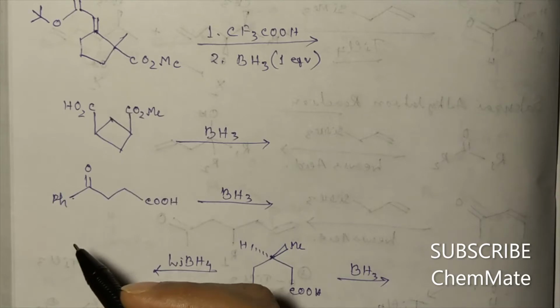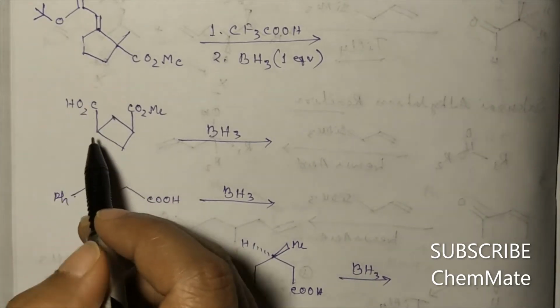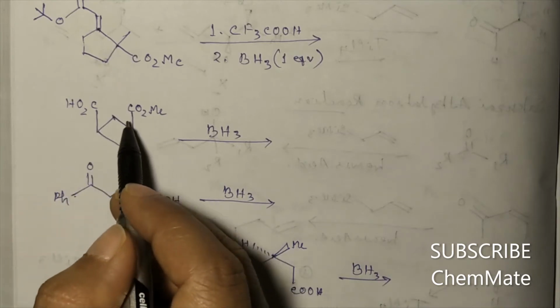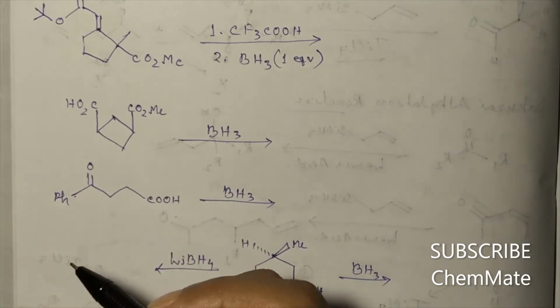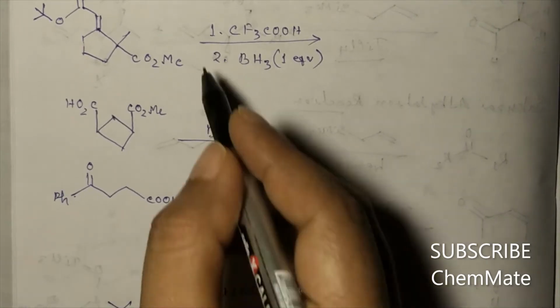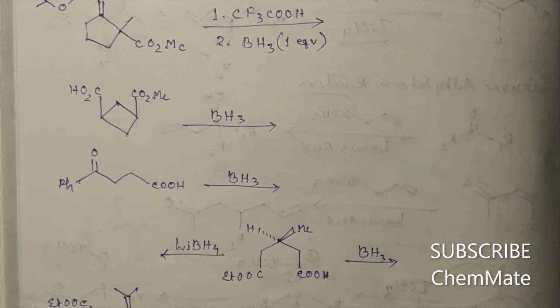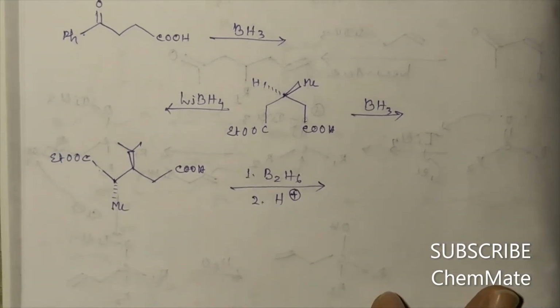So, why is BH3 very selective? Why is only COOH reduced in presence of an ester or a keto group? So we will discuss this question, and we will follow the mechanism of BH3 reduction.